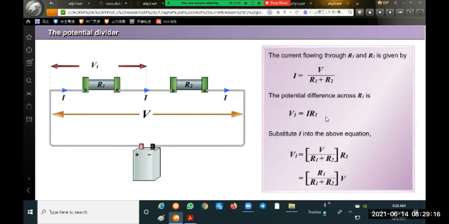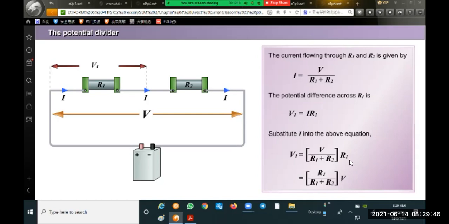Then we use the formula V1 equal to I times R1, or V2 equal to I times R2. So from here, we substitute I into the above equation. We get V over R1 plus R2 times R1.